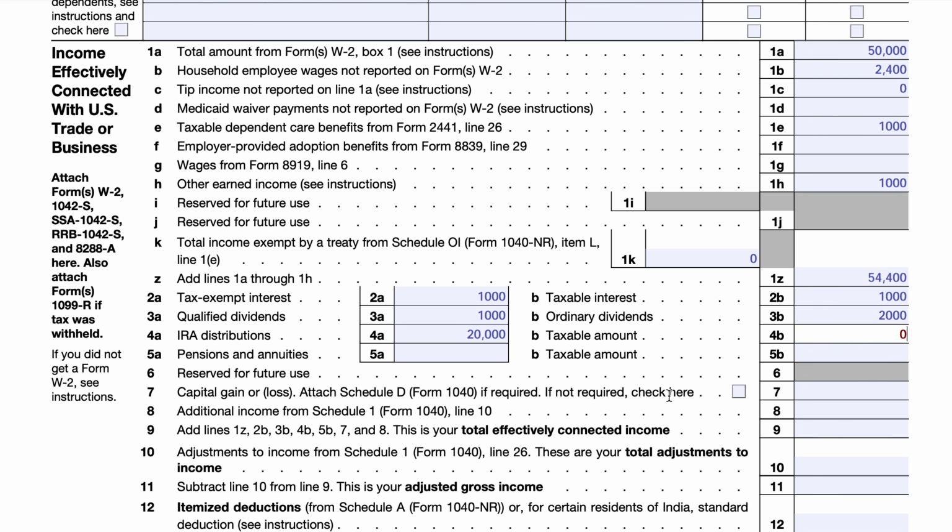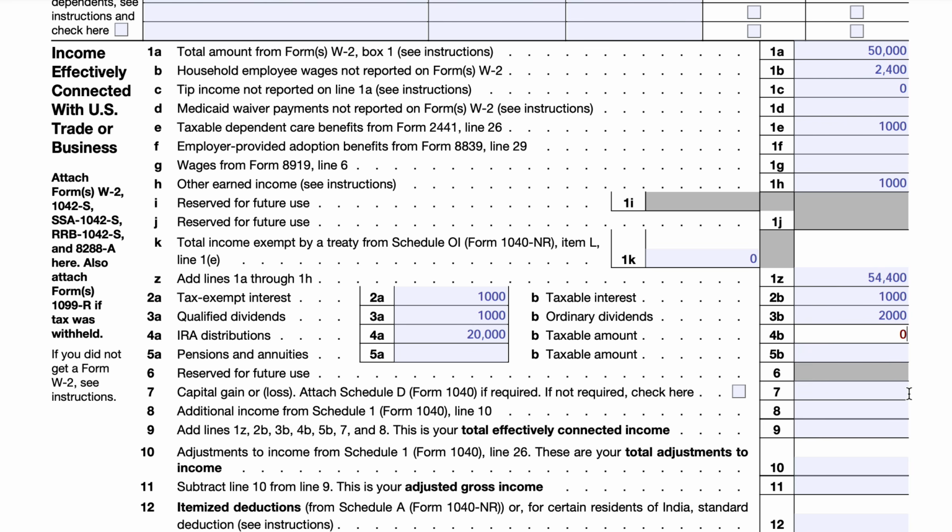Also, if you take a distribution from an IRA and you're subject to an additional tax, you may need to file the additional tax form. I believe that's IRS Form 5329. So we'll put a link in the show notes to that one. So again, only report these distributions.